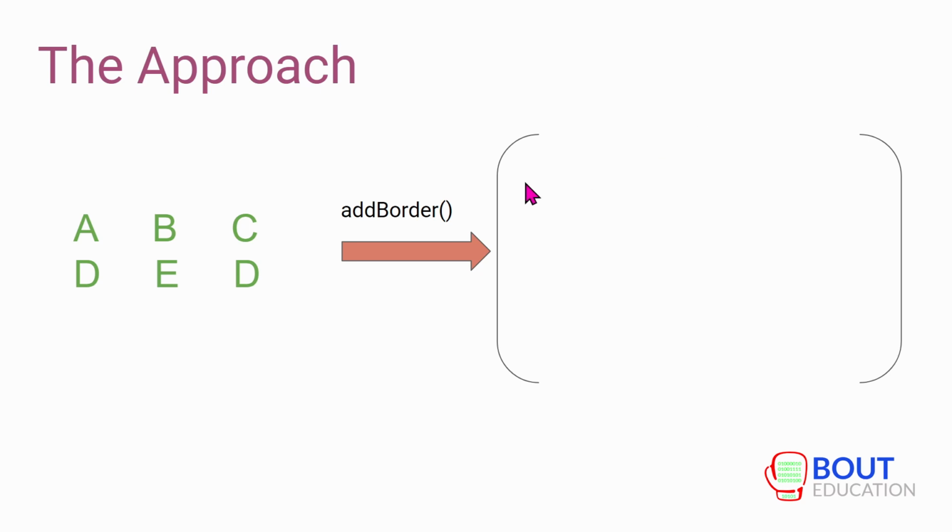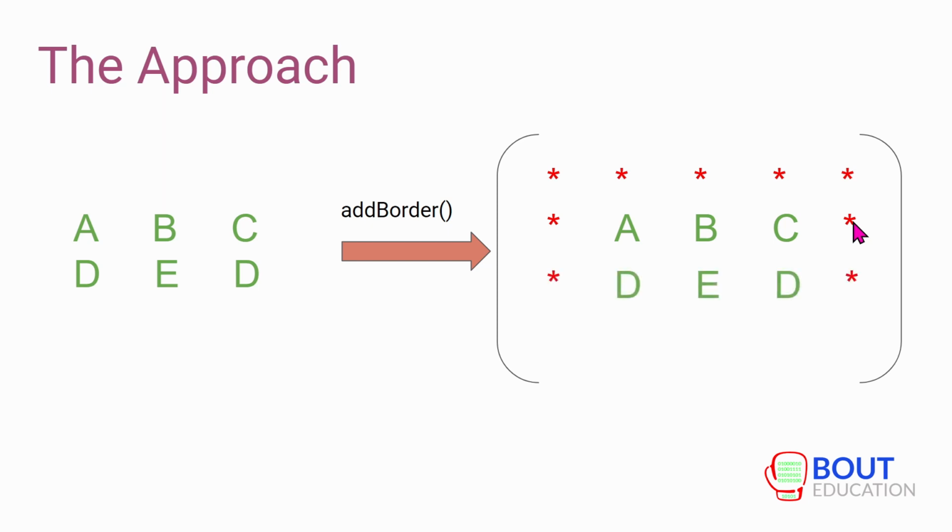Furthermore, this is the approach that we will be taking. Once the addBorder function is called, it's going to create this array. It's going to iterate, and the first row is going to be essentially the top border. Then we're going to add whatever the picture is here, but prepended with an asterisk and appended with an asterisk at the end.